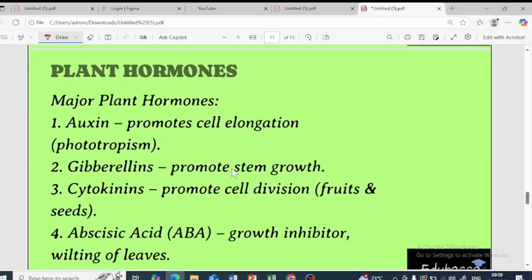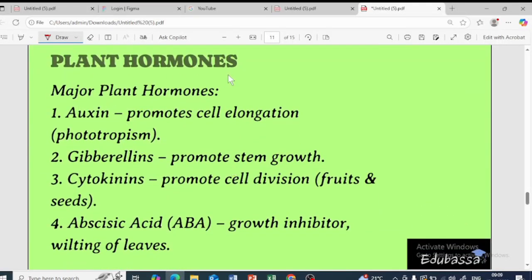Yes. So next, let us learn regarding the plant hormones. These are the major plant hormones you are going to learn in this chapter: Auxins, Gibberellins, Cytokinins, and Abscisic Acid. So these three are growth promoting hormones.